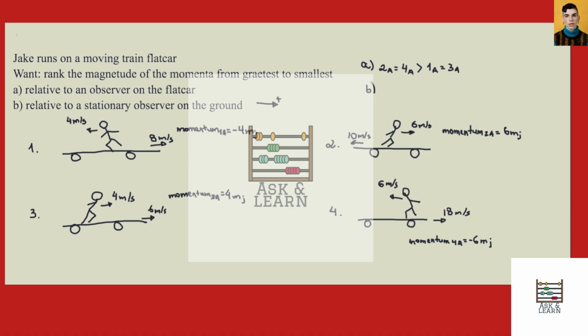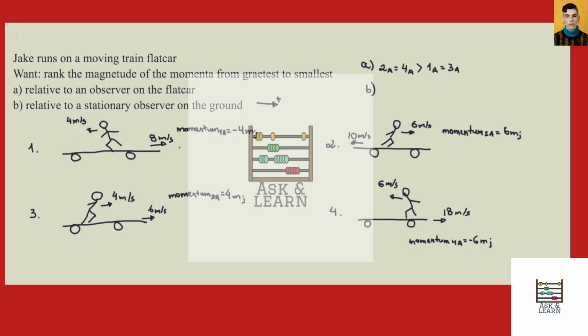Now for part B, we're going to see it relative to the stationary observer on the ground. So the stationary observer over here, he's going to see Jake moving to the left at 4 meters per second, but the car is moving to the right at 8 meters per second. So from his point of view, he's going to see Jake moving towards the right at 4 meters per second, since it's the 8 meters per second moving towards the right, subtracted by the 4 meters per second of Jake moving to the left.